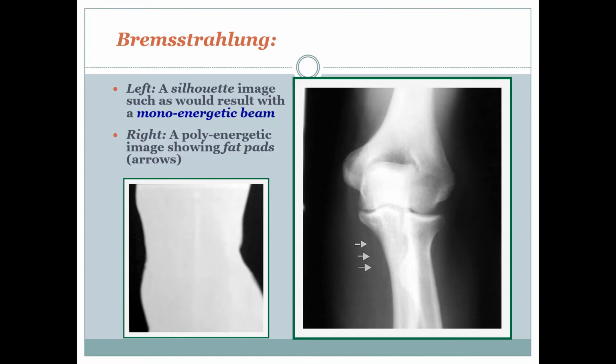It's made of many energies, allowing it to have this differential absorption into the body tissues, providing subject contrast. Outlined here are, for example, the fat pads, which are one of these body parts with very, very low density, and this would not be shown against the soft tissue if we did not have this polyenergetic heterogeneous X-ray beam.